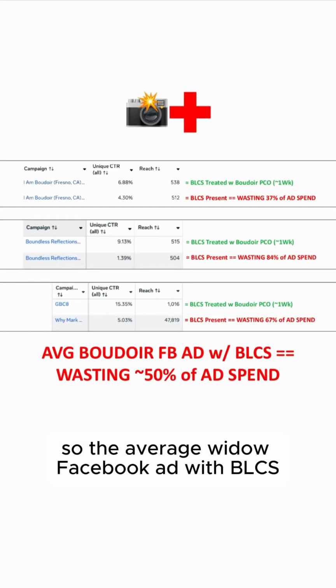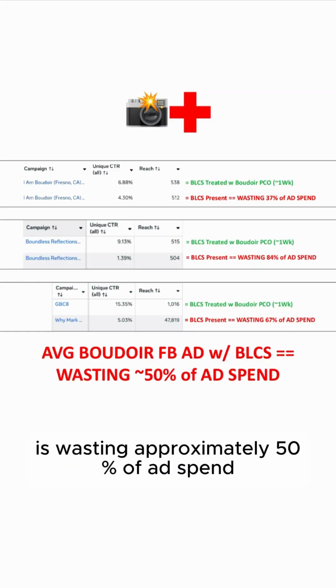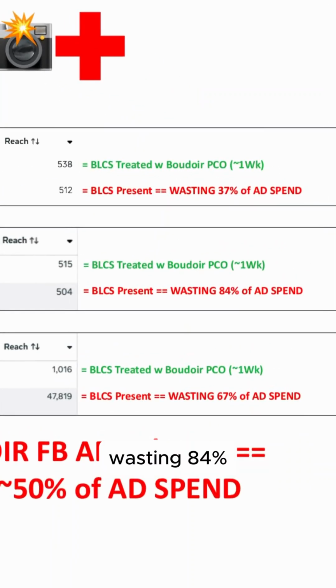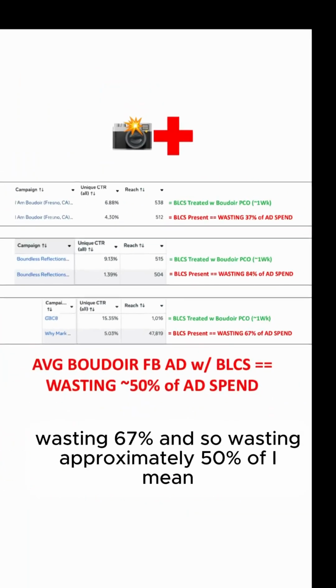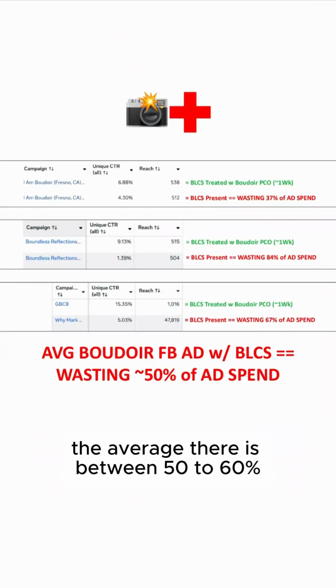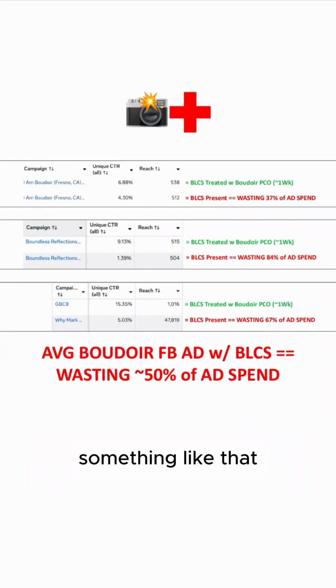So the average Boudoir Facebook ad with BLCS is wasting approximately 50% of ad spend. Look at these numbers: wasting 37%, wasting 84%, wasting 67%. So wasting approximately 50% of it. The average there is between 50 to 60%, something like that.